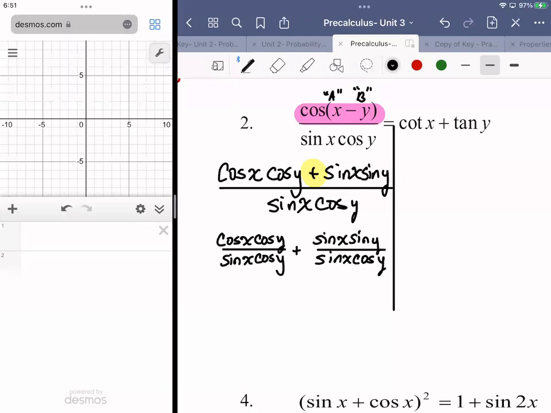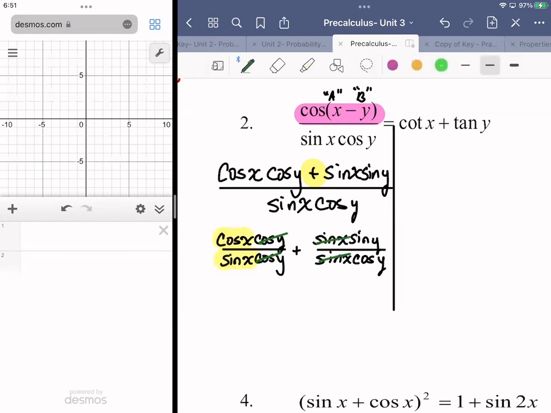If something's in factored form, I want to distribute it out. If something's distributed out, I want to factor it. If you're going to try to manipulate an expression, you need to be thinking about undoing what was already done. So here I have a common cosine y. I have a common sine of x.